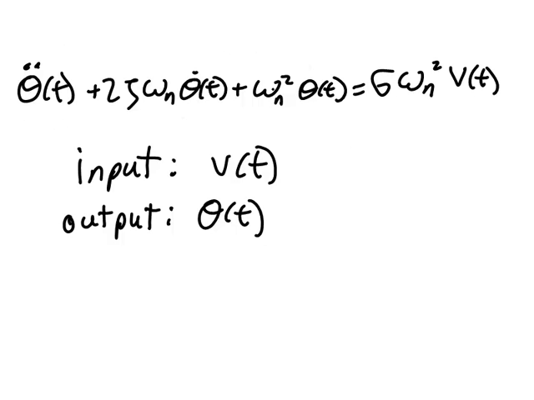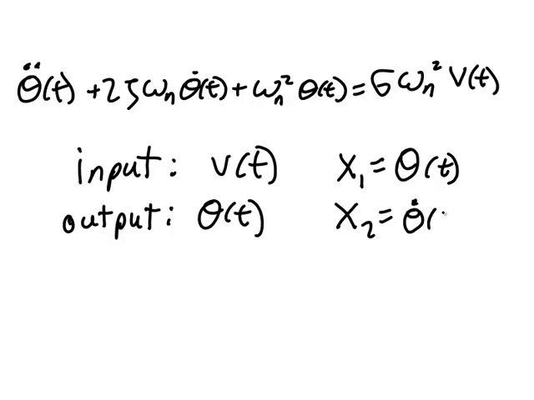One of my state variables is going to be theta, and the other state variable is going to be theta dot. If I had a theta triple dot in this equation, I would then need to have a third state variable to represent theta double dot. You always want to take the highest derivative and have one state variable for each lower derivative of that variable.